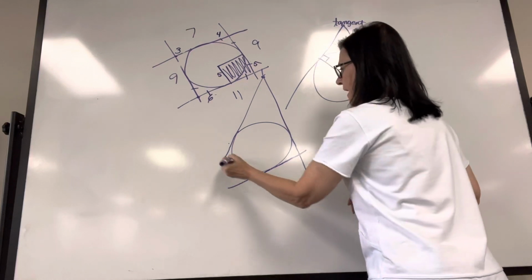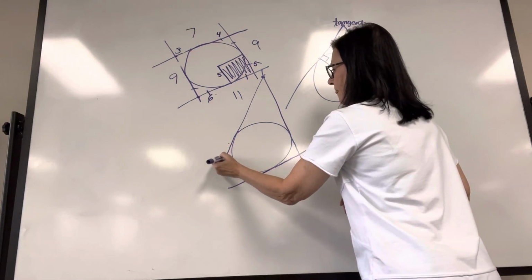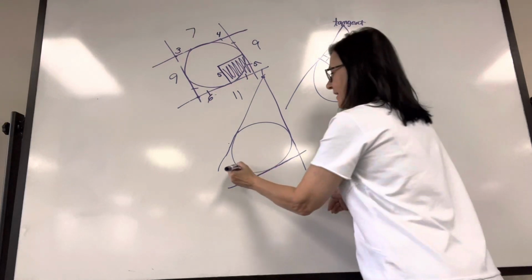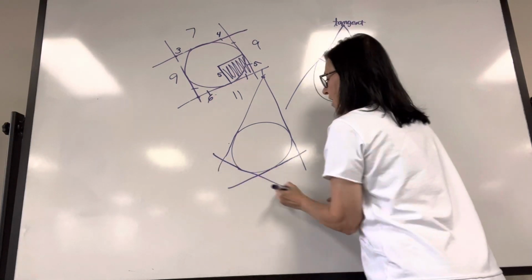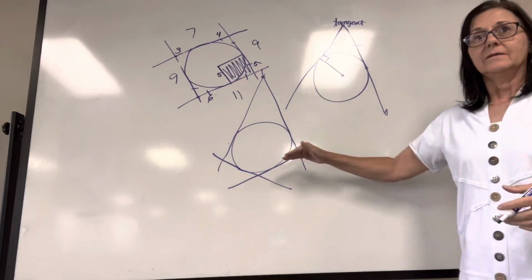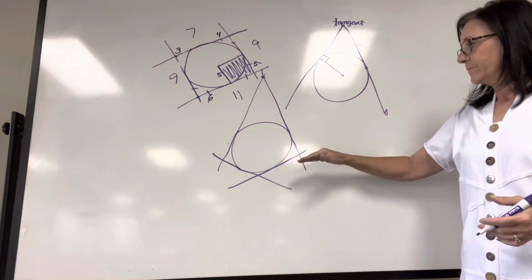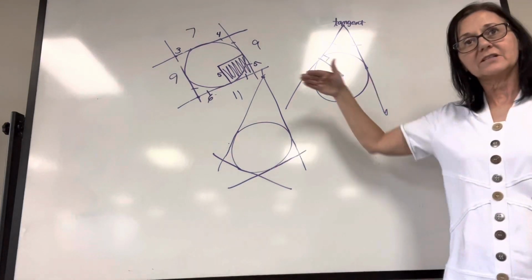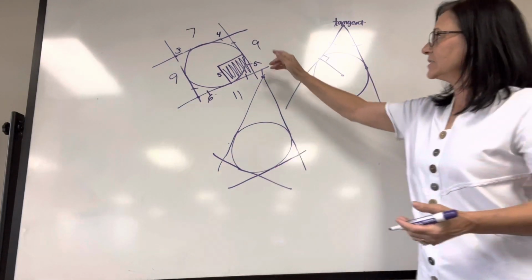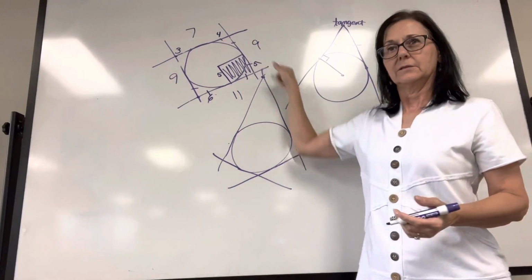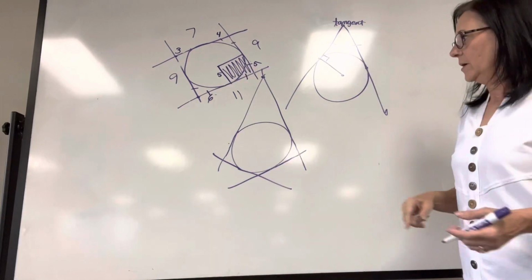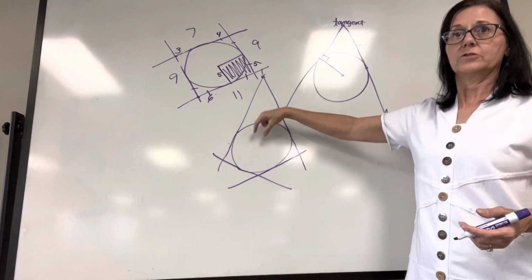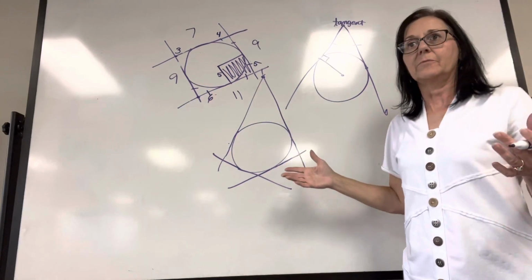I could have the lines look like the same slope, but the point where they're concurrent doesn't have to be so close to the circle based on the slope of the line.